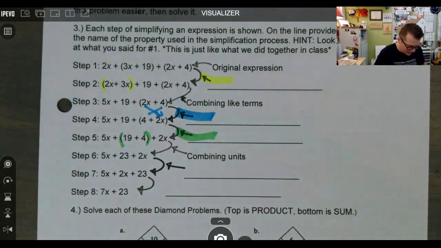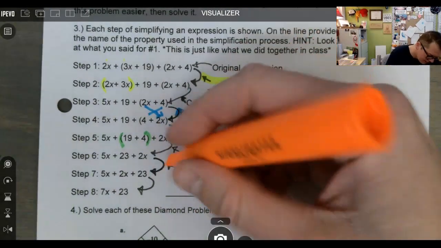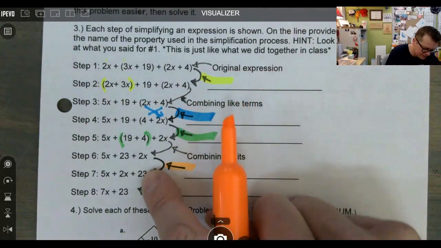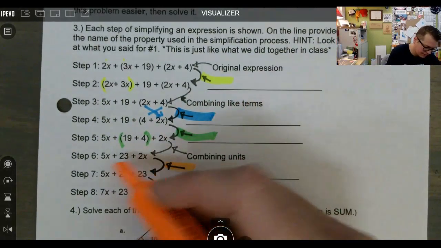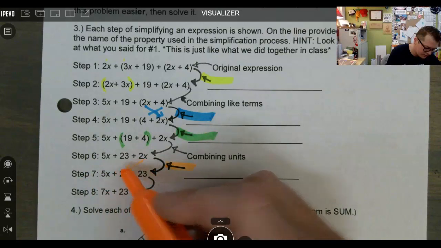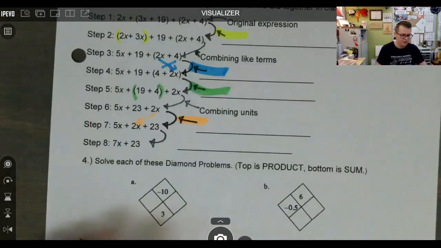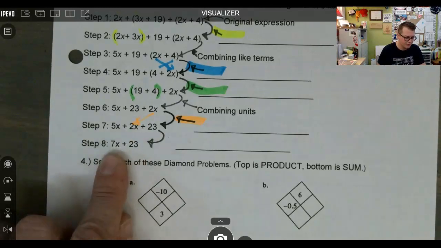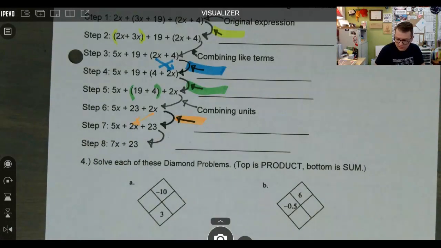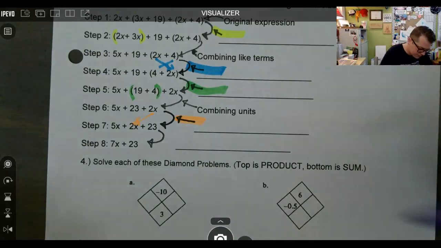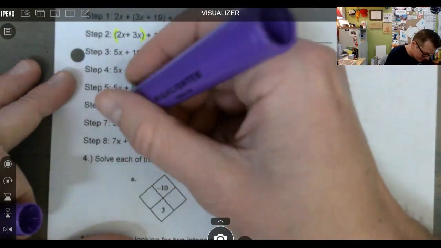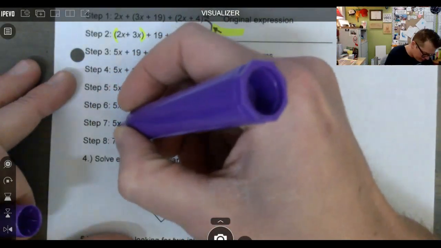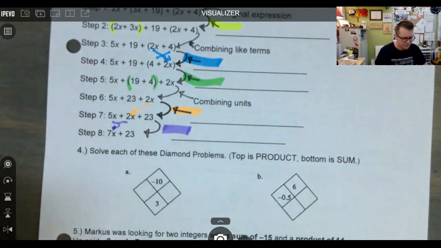How many colors do I actually have? The answer for here is coming from step 6 to step 7. What happened? The 2x moved. And then down here on the last one, I think all that happened was 5x and 2x added together. I do have one more. We can do this purple. And that would be the fact that these joined up and made 7x.